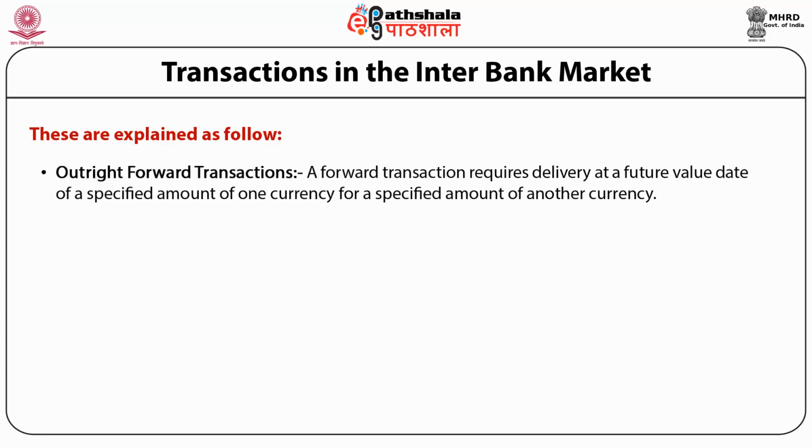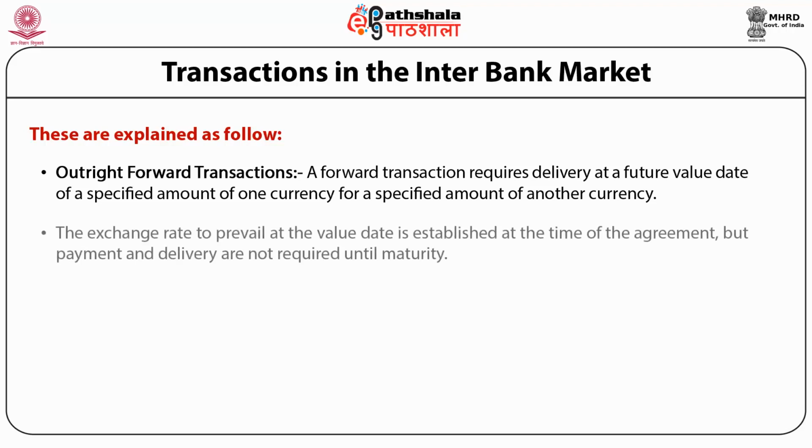A forward transaction requires delivery at a future value date of a specified amount of one currency for a specified amount of another currency. The exchange rate to prevail at the value date is established at the time of agreement, but payment and delivery are not required until maturity.